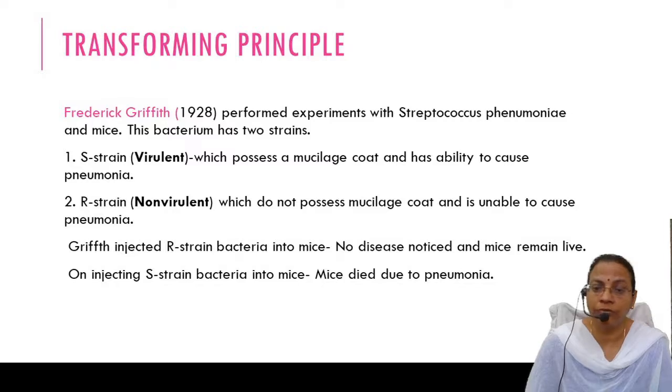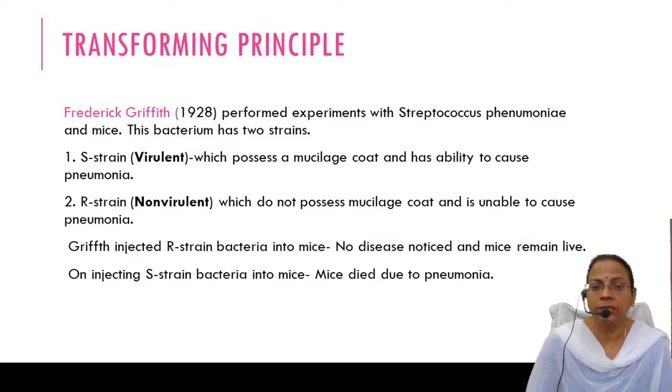If that strain is injected into the mouse, it will show the symptoms of pneumonia and later it will die. Whereas the R strain, he noted, is avirulent or non-virulent. They cannot cause the disease and the mouse will not show the symptoms of disease. So one variety, the S strain, is virulent and the R strain is non-virulent.